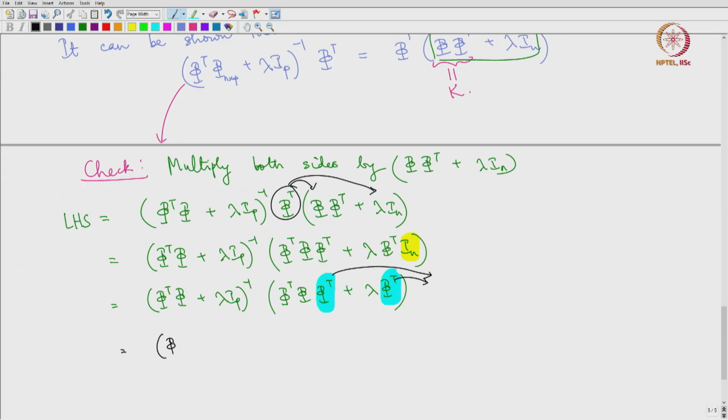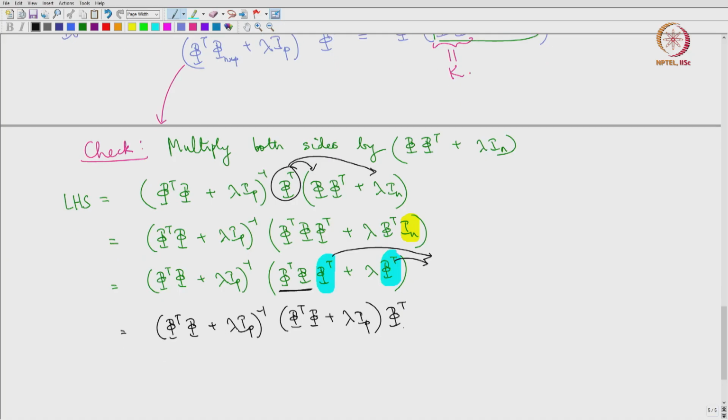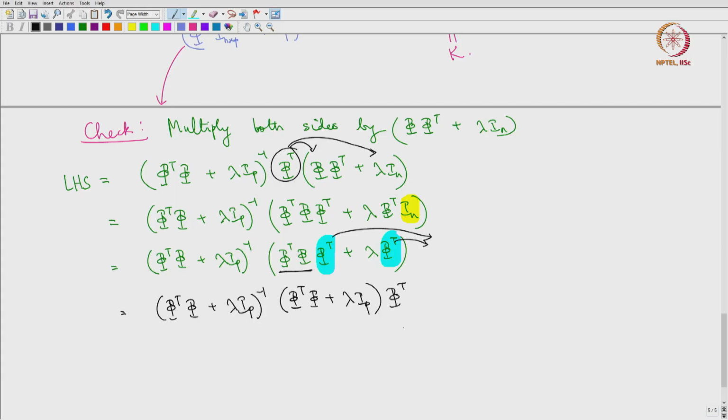So, what do we get? We get (phi transpose phi plus lambda I_p) inverse times (phi transpose phi plus, now you will get lambda I_p here, because the dimensionality has changed) times phi transpose. You can check that the dimensions are consistent and you have taken phi transpose out. Now look at this here, something really nice has happened. You have an inverse of the matrix here and then you have the same matrix here, and these are square matrices, so the inverses are actually defined.